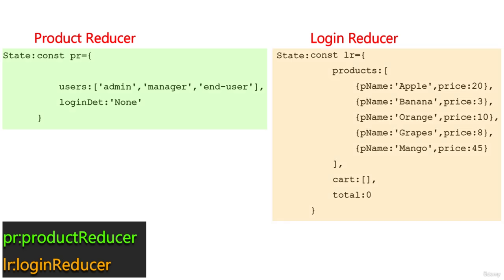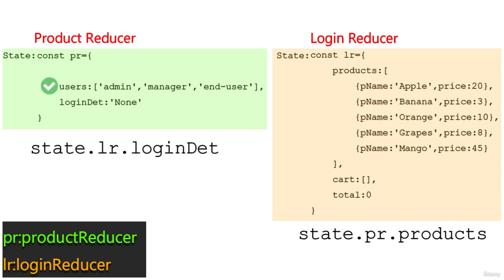So if I have to access products, for example, then I will have to say pr.products. Same goes with users as well. So if I have to access it, I'll say lr.login_detail or lr.users. So let's do that.